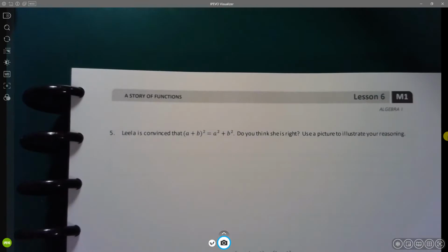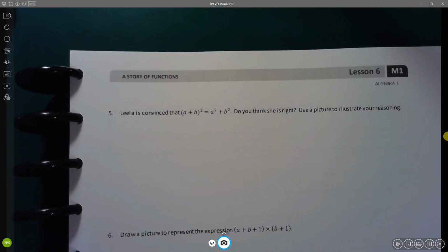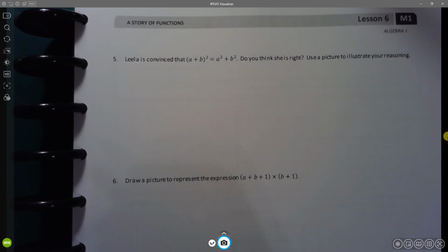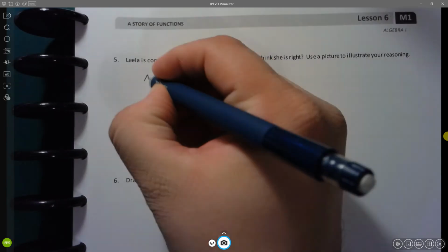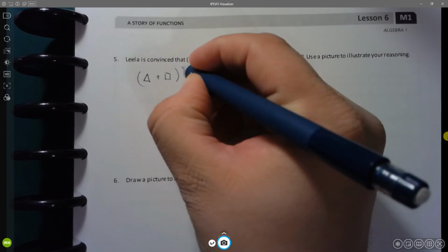Continuing on, number 5. Leela is convinced that (a plus b) squared equals a squared plus b squared. Do you think she's right? Use a picture to illustrate your reasoning. It says use a picture, so I'm going to use a picture. We have a triangle plus a square, being squared.